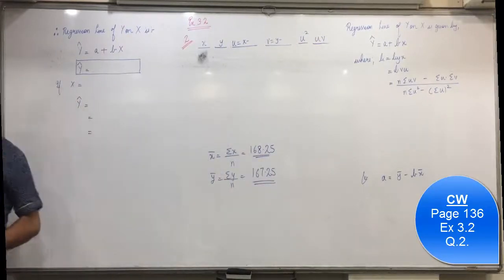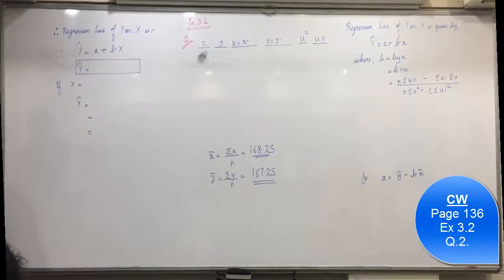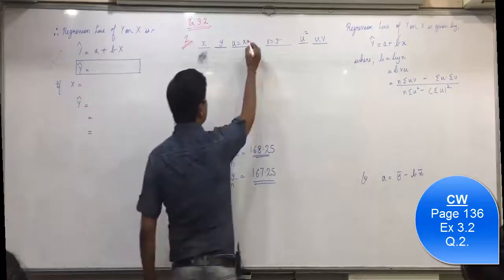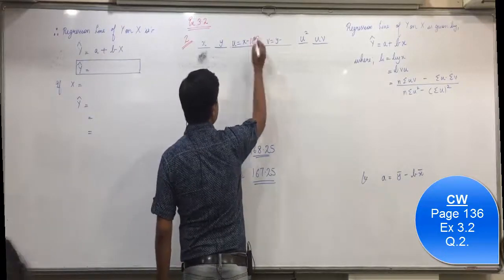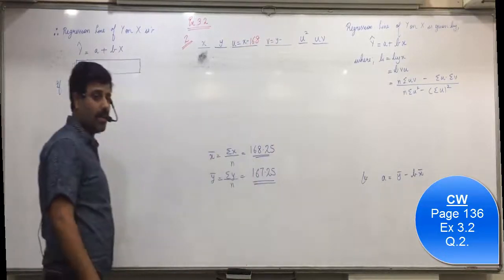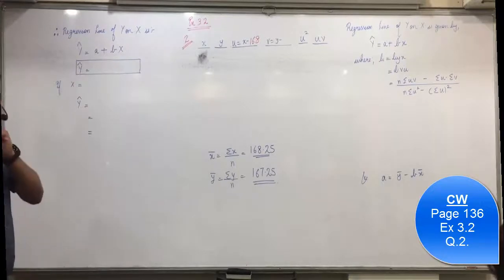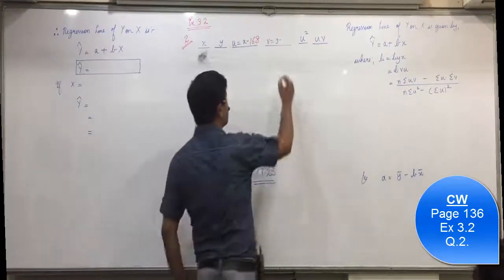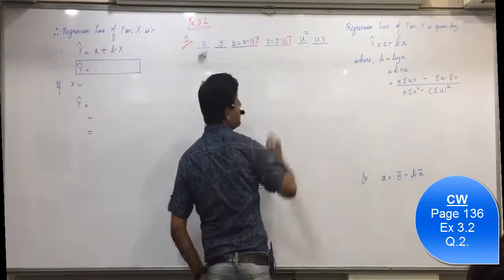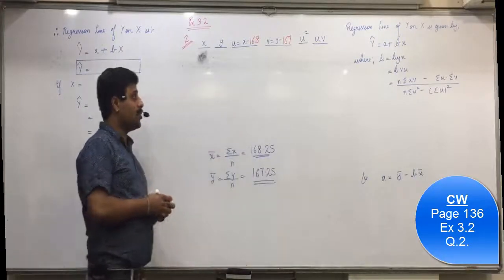All of you find out up till here first. How will we obtain u? X minus 168. How will we obtain v? Y minus 167. Did everyone understand this? Now solve the whole question on your own.